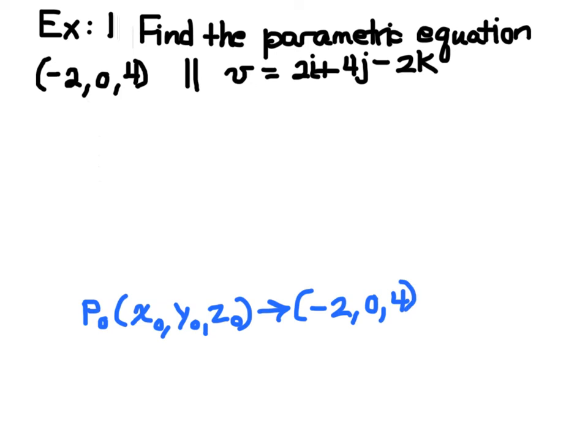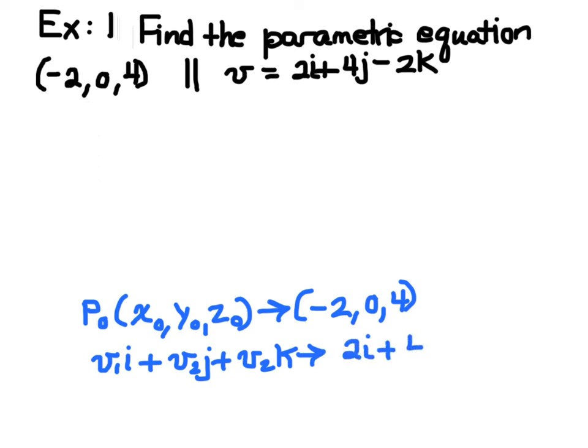And our vector that our line is parallel to, v sub 1 i plus v sub 2 j plus v sub 3 k, is equivalent to 2i plus 4j minus 2k.